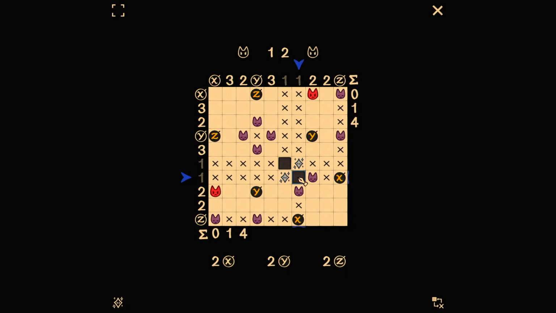Is there a way? No, because they have to be separated. That is a forced requirement. And Y is forced to have at least that one. X is forced to have at least that one.